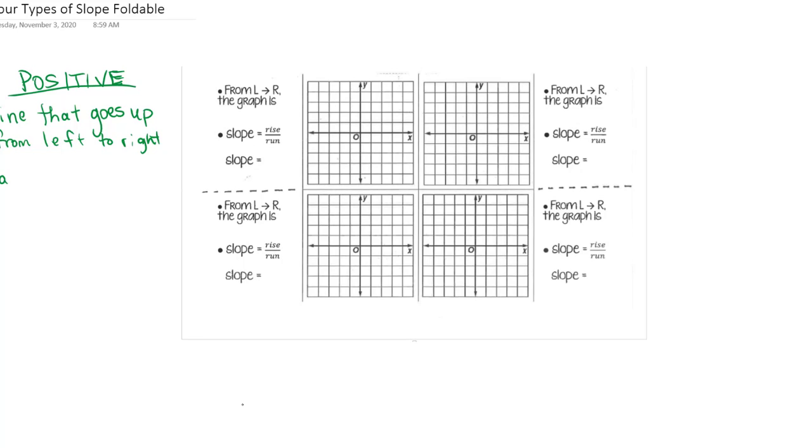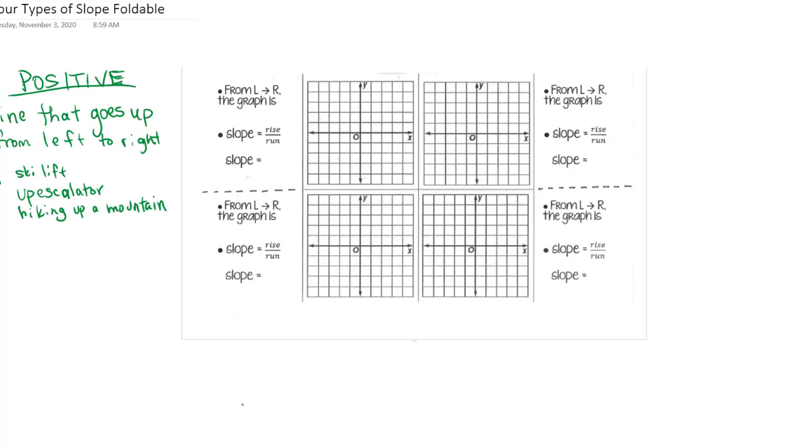Examples of a positive slope would be a ski lift. I'm going up the hill with a ski lift, an up escalator, hiking up a mountain, okay?